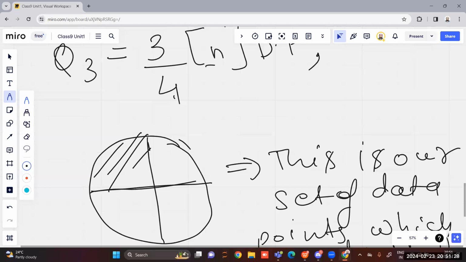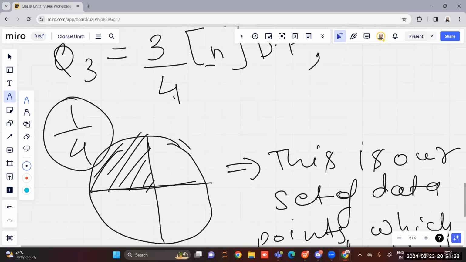If we leave the 1/4 data points behind and take the next data point, suppose this line represents the data point after leaving the 1/4 data points. Suppose I have 40 data points.